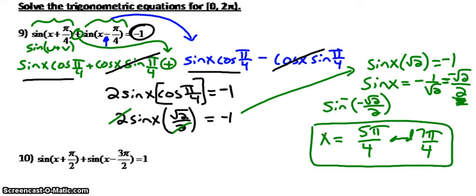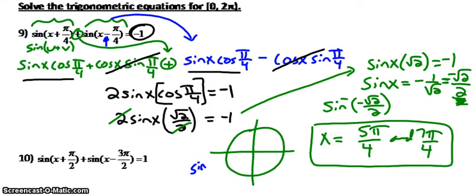Just a quick reminder, when we are looking at the values for negative square root 2 over 2, that will happen for sine in quadrant 3 and quadrant 4, and they'll be 45 degree angles. So they'll occur here and here. So there's our answer for question 9.